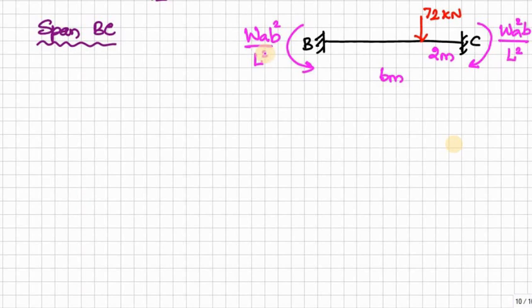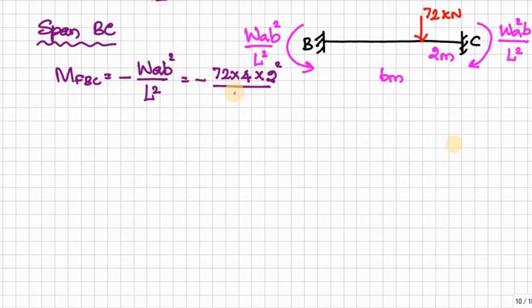So for eccentric loading, we have WAB squared over L squared moment, anti-clockwise moment at support B, and at support C we have WA squared B divided by L squared, clockwise moment at C. Therefore, MFBC is equal to minus WAB square divided by L square, which is equal to minus 32 kilonewton meter.